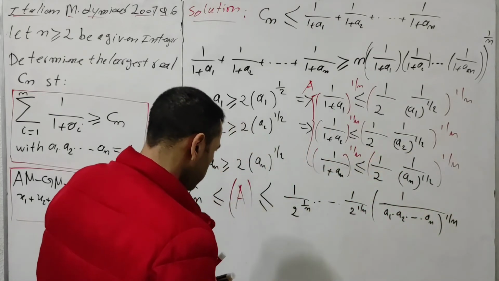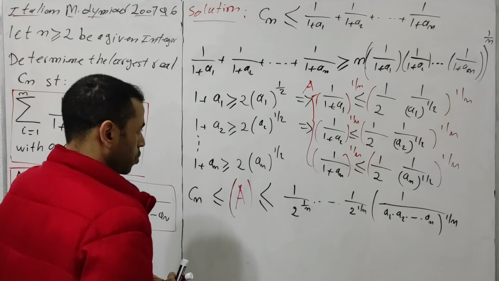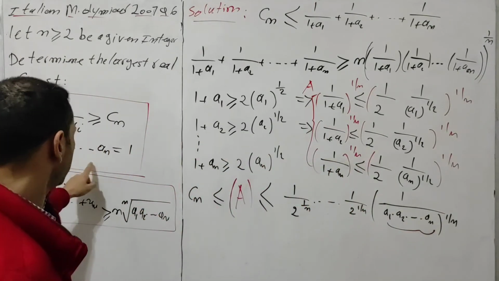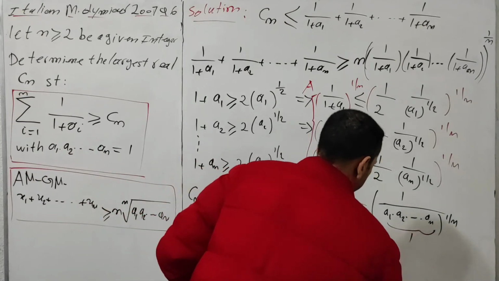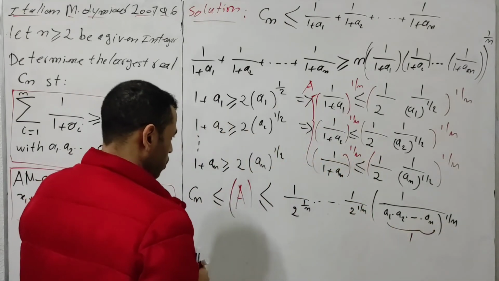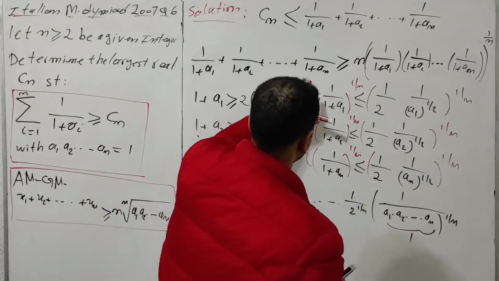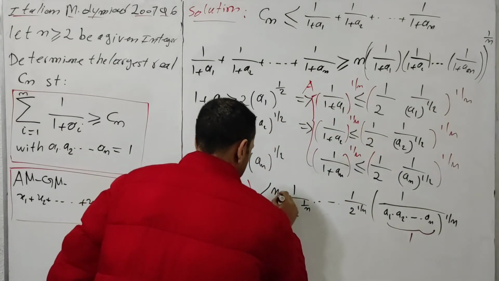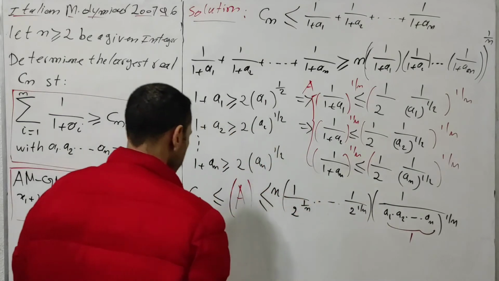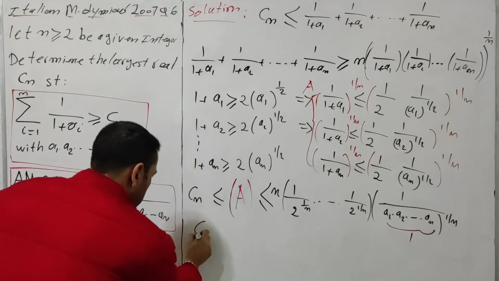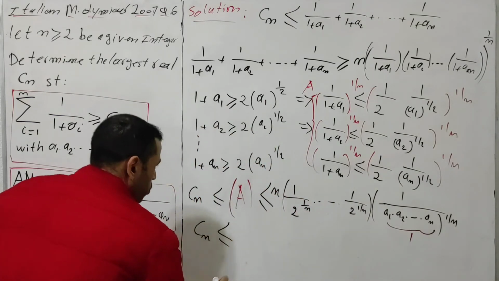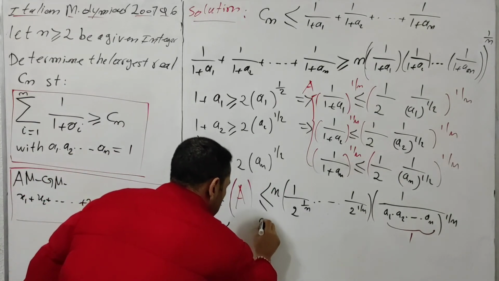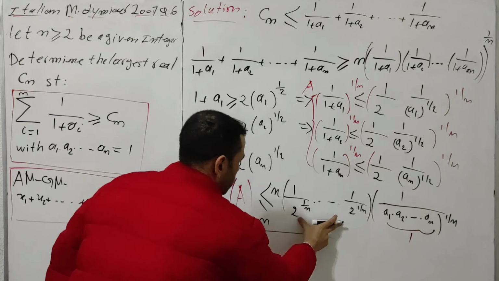This product, as we have in the first condition, equals 1. And the factor of 1 over 2 is multiplied n times because we have n terms here. So now Cn is less than or equal to this one divided by this product.